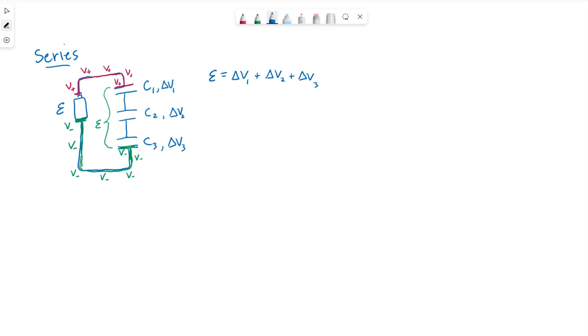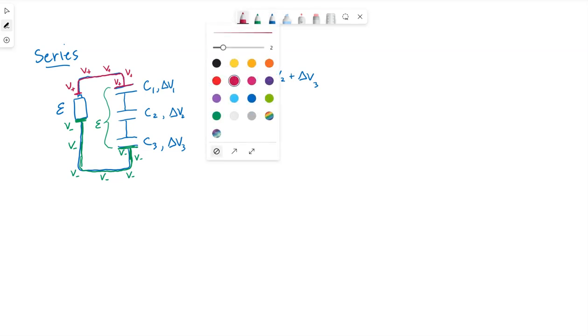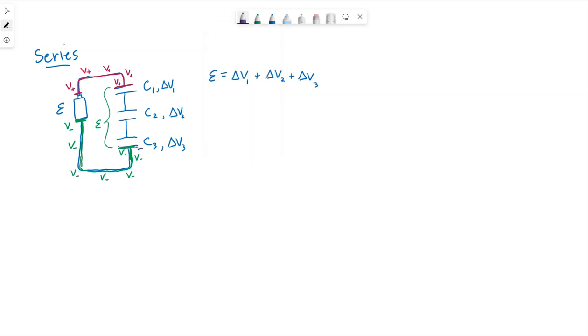Okay, let's talk about charge for just a second. Let me grab a different color here for a minute. Let's go with purple. In order for this bottom plate to end up with a specific potential, it ends up with a negative charge. That very top plate at that positive potential will have a positive charge.